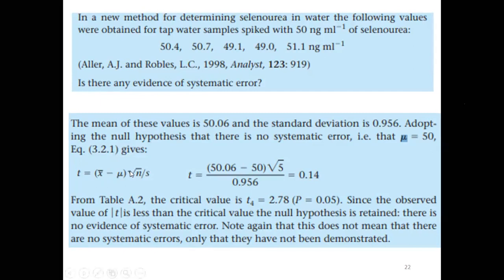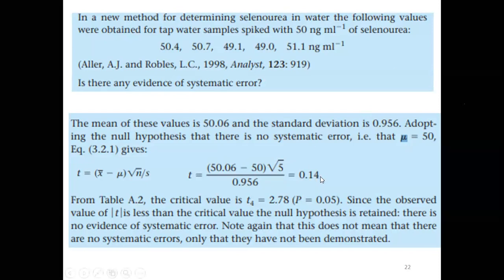This is the equation you have to use to calculate t. The x bar is 50.06, mu is 50, n equals 5, there are 5 measurements, and the standard deviation is 0.956. When you solve this, you will get a t value equal to 0.14. That is the calculated t value, 0.14.